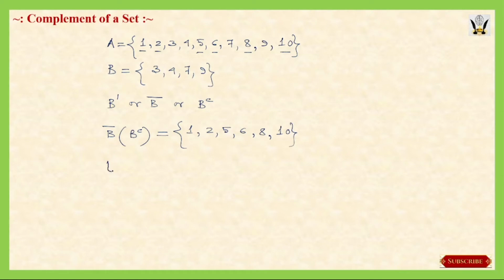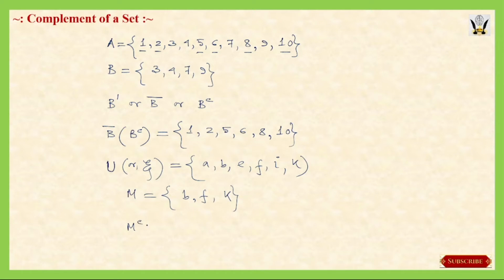Suppose the universal set is represented by U, or sometimes zeta, and it is given as A, B, E, F, I, K, and we have another set M, and that set has 3 elements, B, F and K. So the complement of M will be those elements which don't belong to M but are in that universal set, and those elements are A, then E, and then I. So the complement of M with respect to U will be A, E and I.